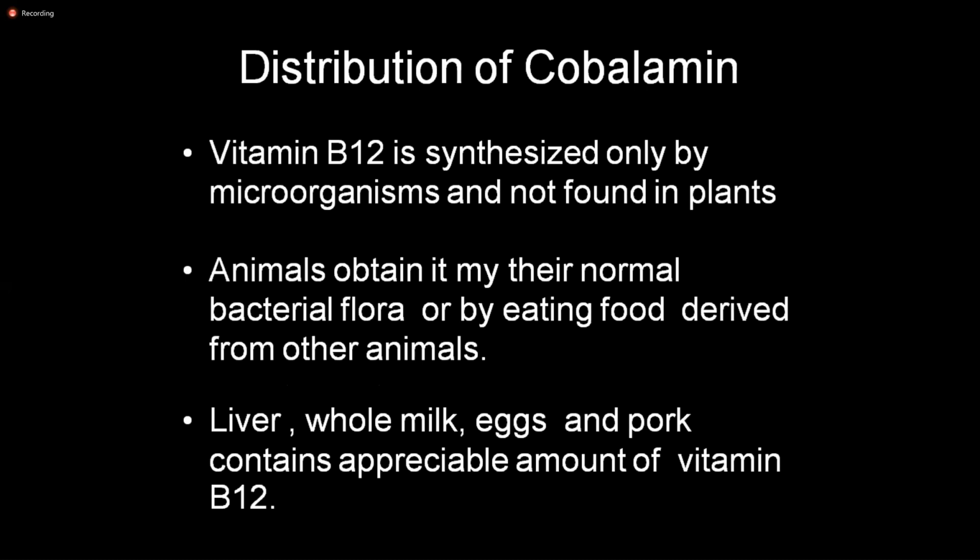So vitamin B12, if you see, is synthesized only in microorganisms, and animal products contain this vitamin B12. Vitamin B12 is normally not found in plants. Okay, animals may obtain vitamin B12 through the bacterial flora that they harbor in the intestine.